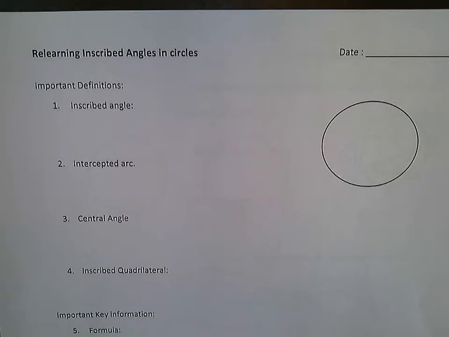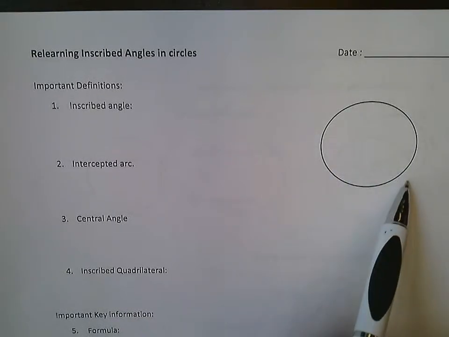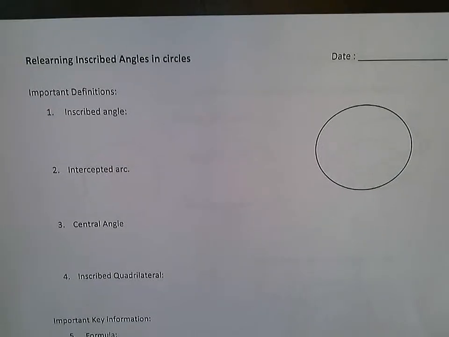All right, so we need to get some important terms in place. In here, we need the inscribed angles. Inscribed angle. So we're going to use this circle that we have over here as our example.